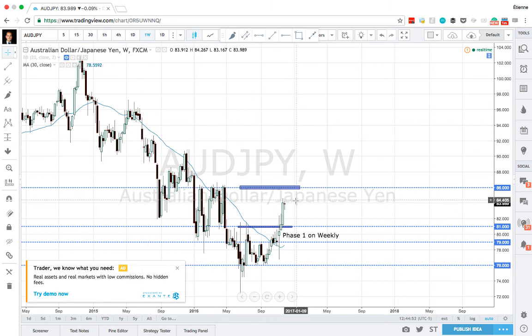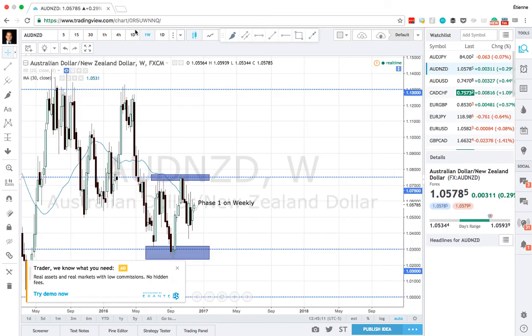Now we broke above, so I'm considering this to be sideways now. And that means we want to play sideways trades. Not trades for trend, not buying on pullbacks. We just want to be selling at the top and buying at the bottom. That's the only thing we care about here. So let's go to the next pair.